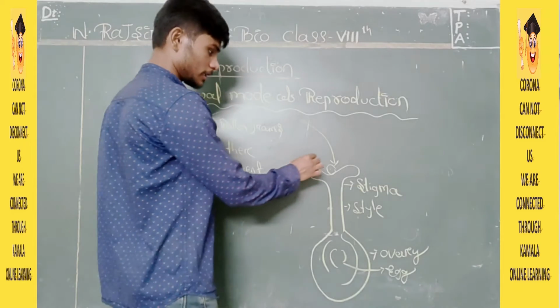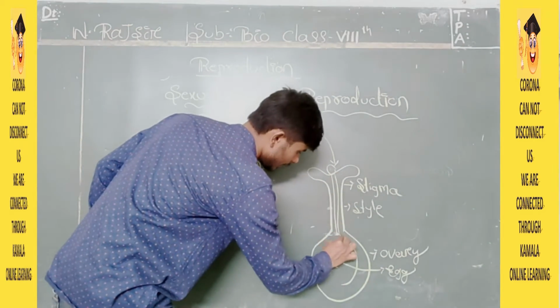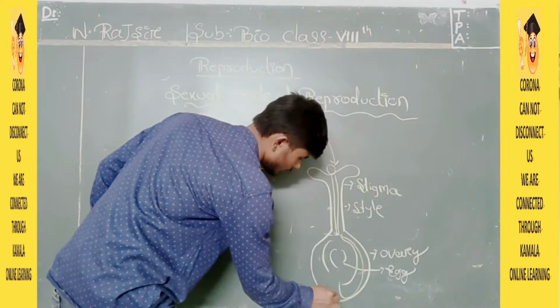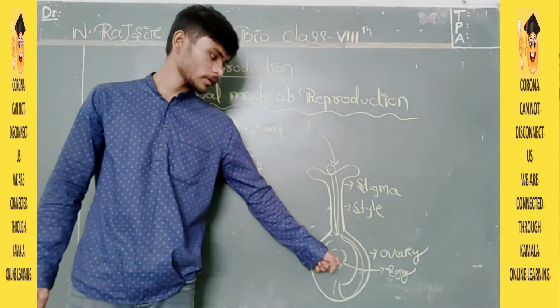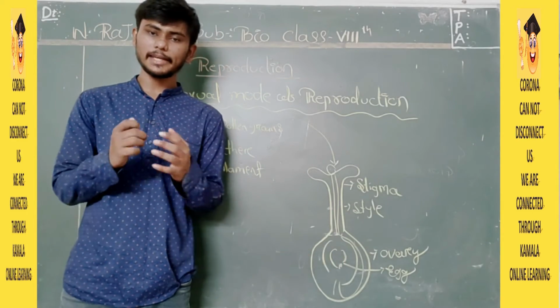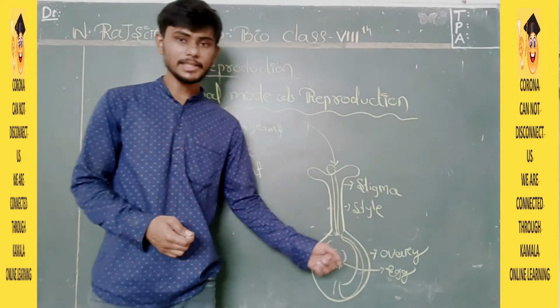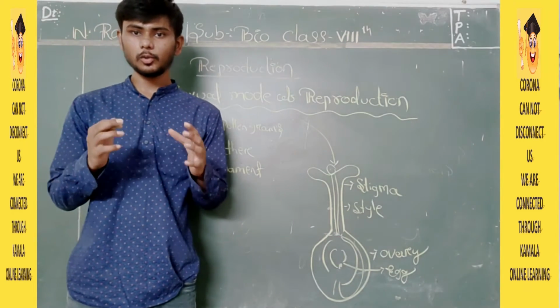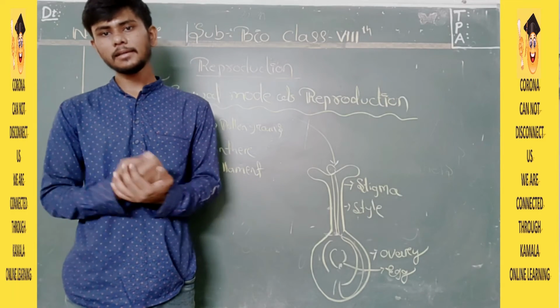When it falls, what will happen? This pollen grain will travel through the style and reach up to your ovum. After reaching the ovum, they both will try to combine, and after combination, a zygote will be formed. That zygote will later turn into a fruit, and you will get a lot of seeds.